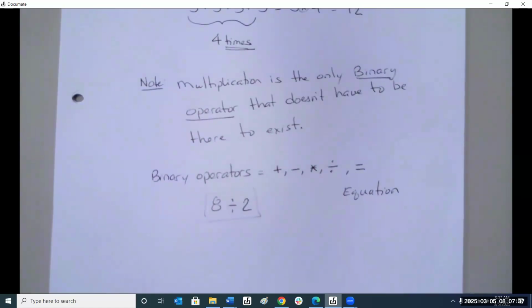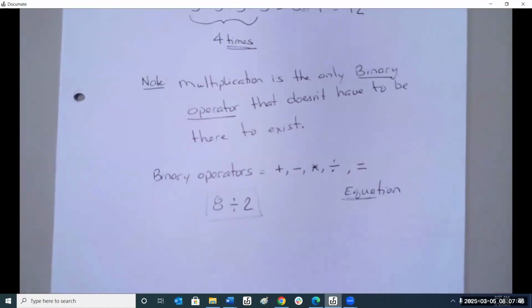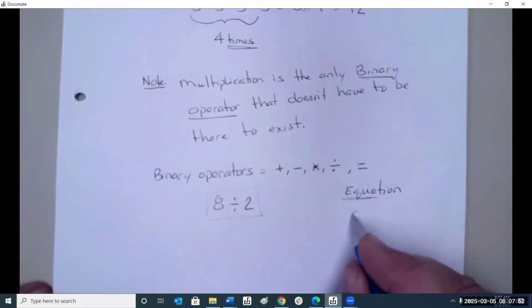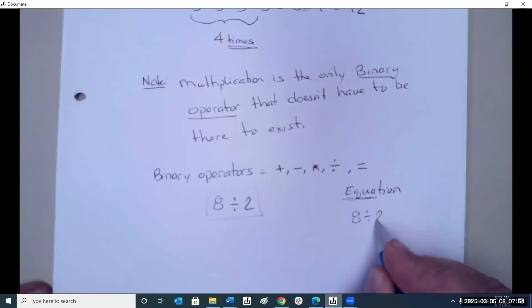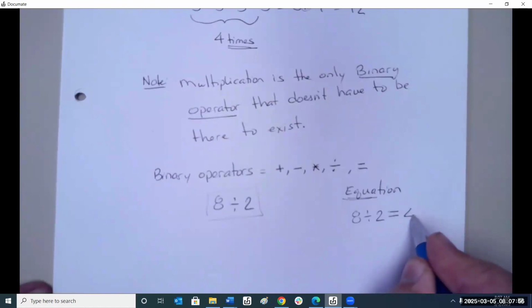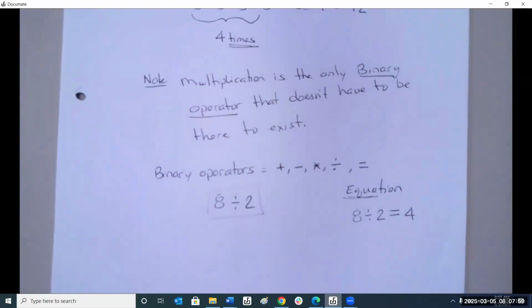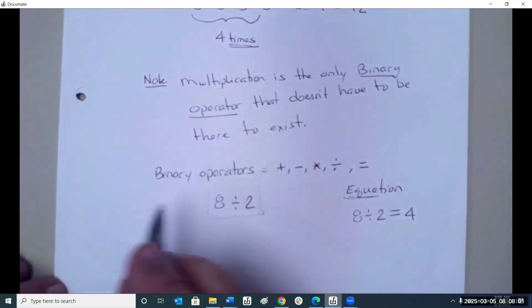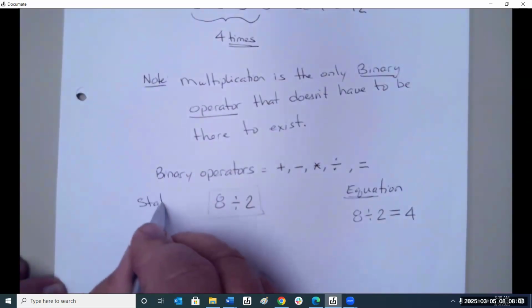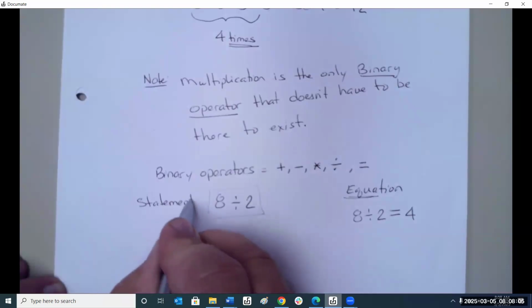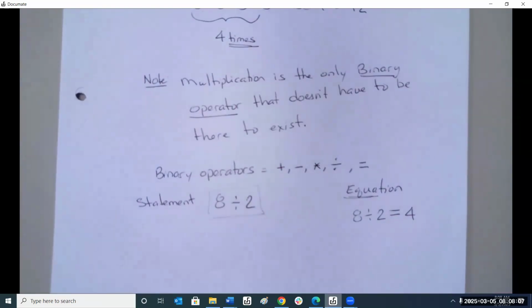Is there anything in that word that could mean something mathematical? Ah, equal. Is there an equal sign there? So it's not an equation. Now it's an equation. This is a statement. We talked about that in chapter 1.